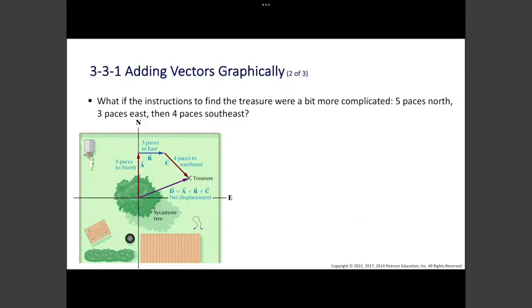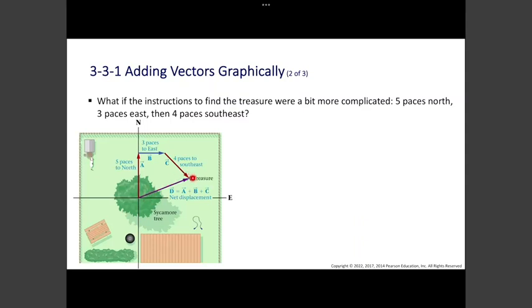So we place the tail of the second vector B at the head of the first vector A, and then place the tail of the third vector C at the head of the second vector B, and then the sum points from the tail of the first vector A to the head of the last vector C.